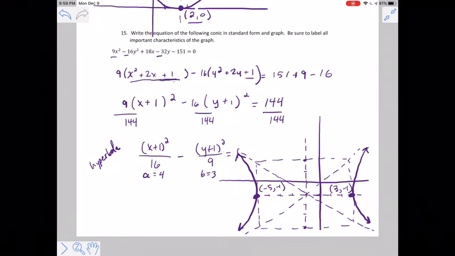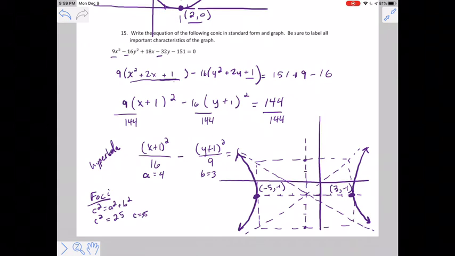Now we need the two foci. And this is a squared plus b squared. So 16 plus 9 is 25. So c equals plus or minus 5. So that's 1 unit further away than the vertices.